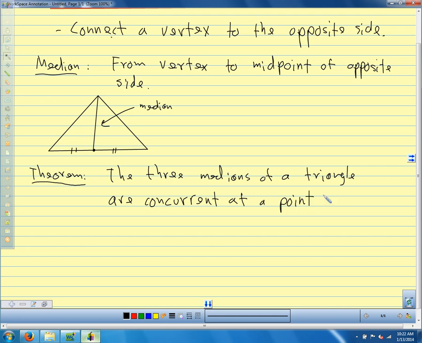And what do we say concurrent means? They meet, all three meet at the same point, so they all cross at the exact same point. The three medians are concurrent at a point called the centroid. So if we draw the three medians of a triangle, they're all going to intersect at one point. We call that point the centroid.